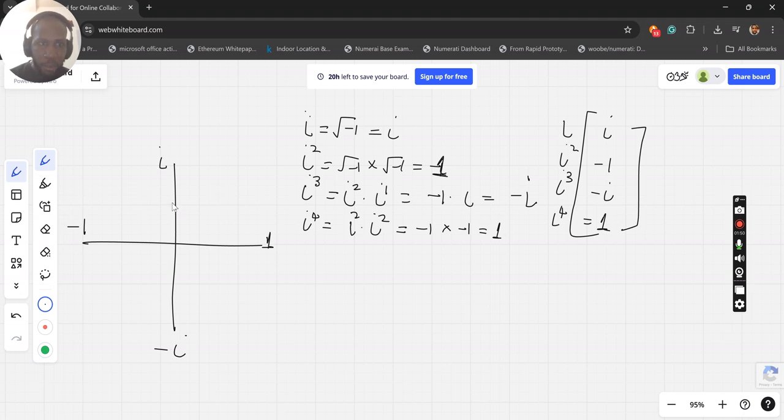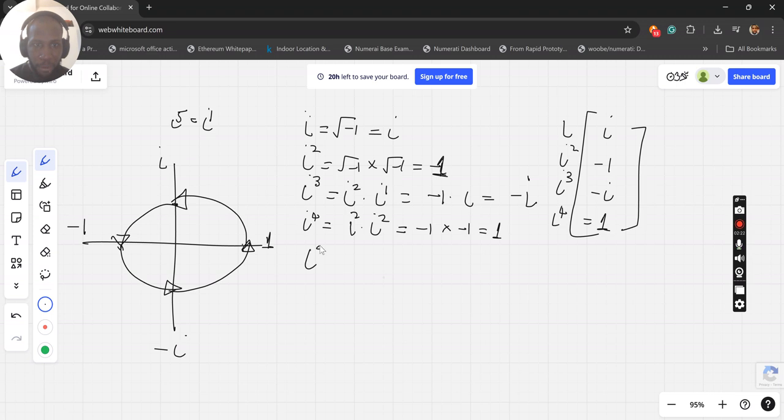You notice it goes in an anti-clockwise direction, which means the next value is going to be i, which is i to the power 5.